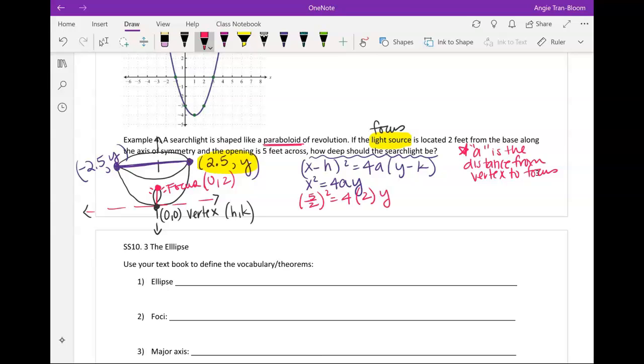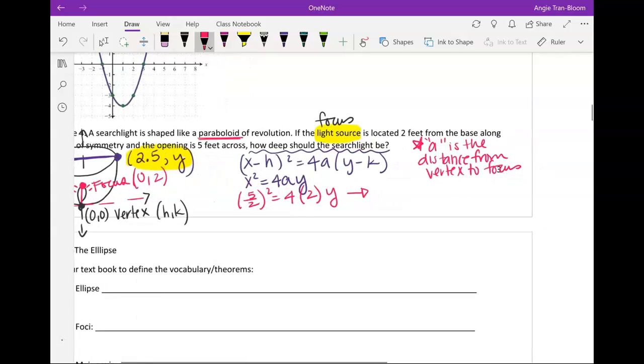So (5 over 2) squared, that's going to give me 25 over 4 equals 8y. To get rid of 8, we will multiply both sides by 1 over 8. And y now comes out to be 25 over 32 feet.